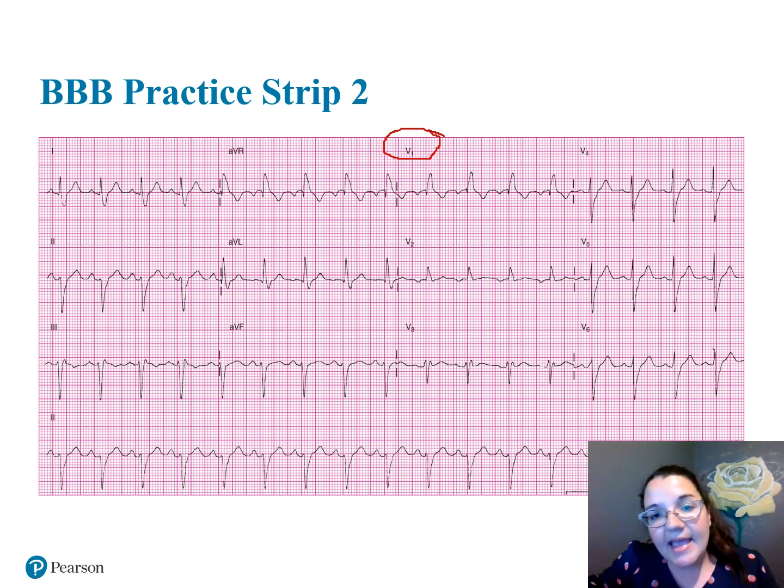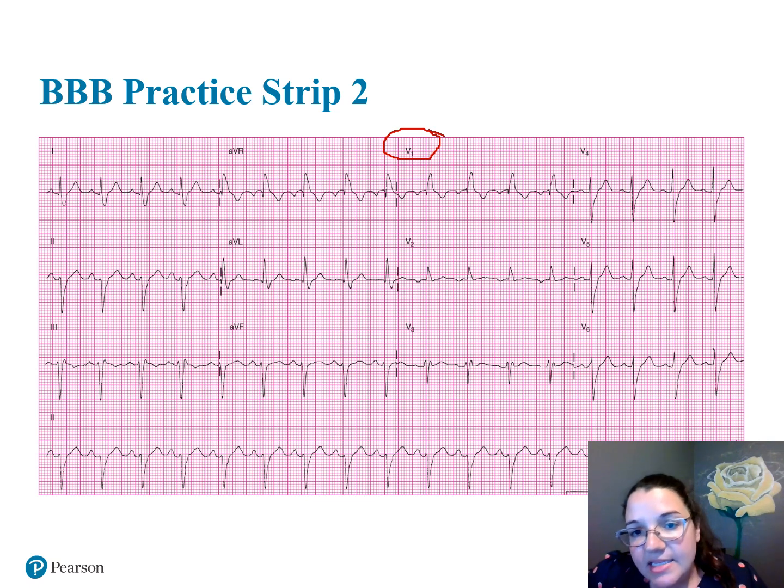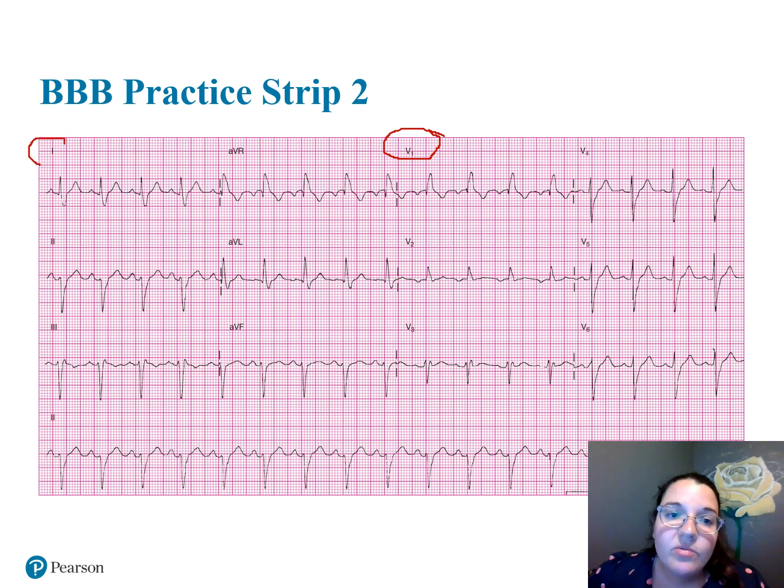I am looking at my QRSs. I can already tell here in this practice, my T wave is definitely opposite to my QRS. I also want to determine if I have a hemi block. What leads do I look at for a hemi block? Lead 1 and lead 3.